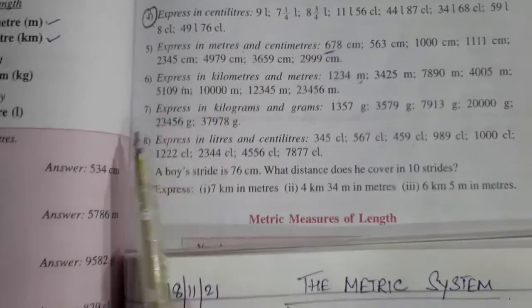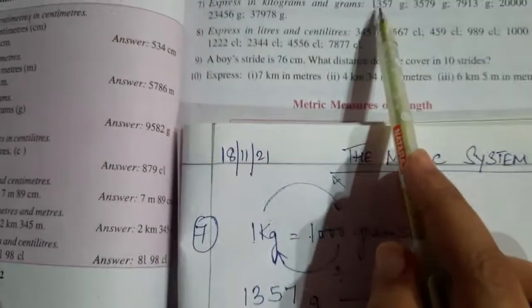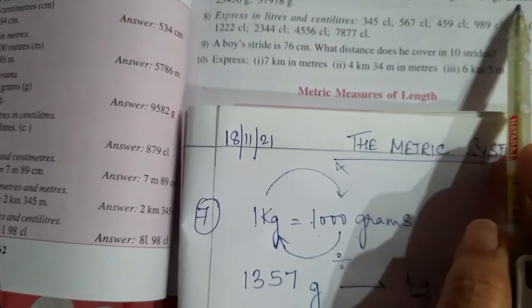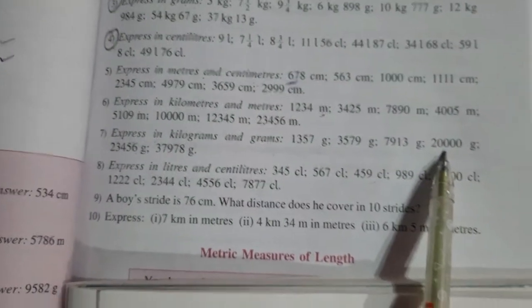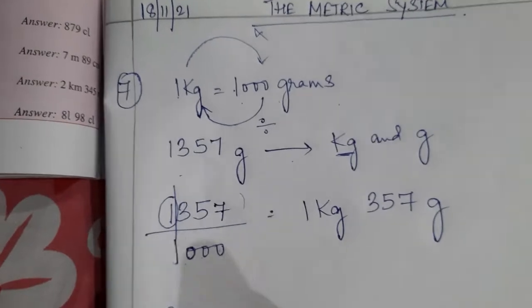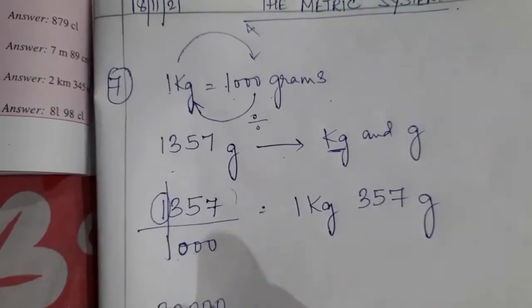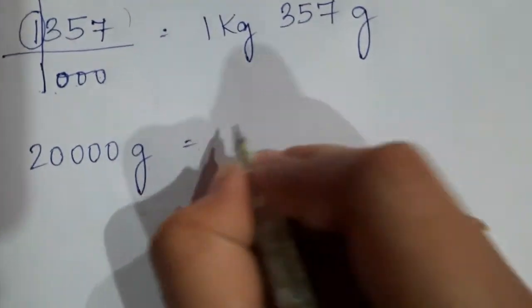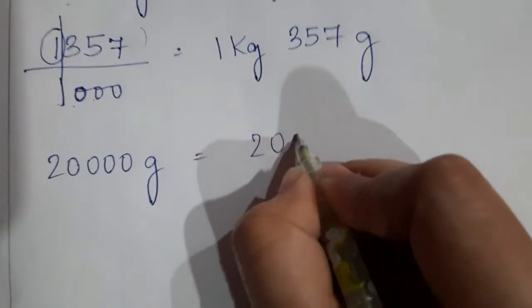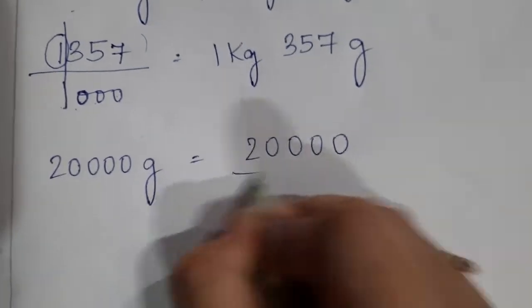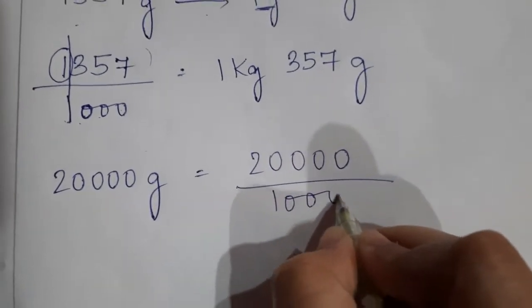Alright. Now let's continue with our sum. We have done this. Let's do this one. This is 20,000 gram. Now what are we going to do? We are going to divide 20,000 by how much? 1000.